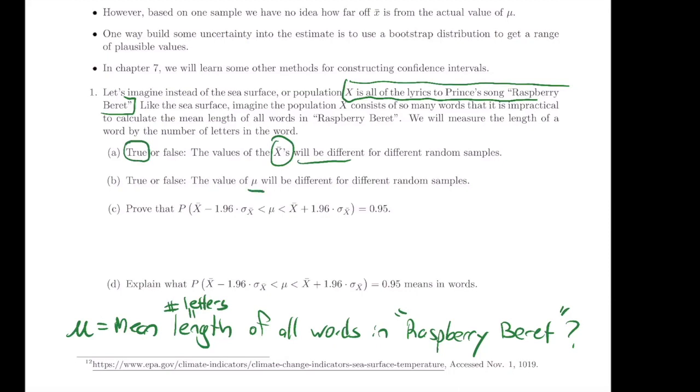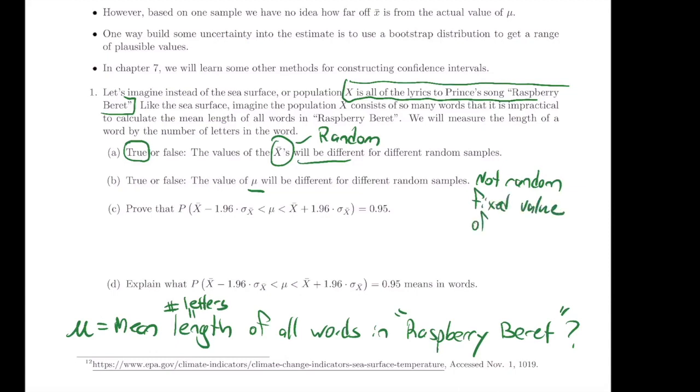The underlying population mean is not random, right? This is just unknown. So there's a difference between saying something is random versus something is unknown. So this guy over here, the X bars, these are random because they depend on sampling. The mu, not random. This is a fixed value.